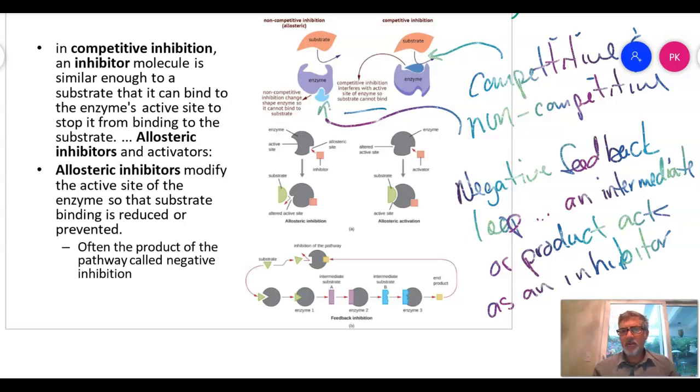So an intermediate or something that's made in the pathway or a product, they act as an inhibitor, right?